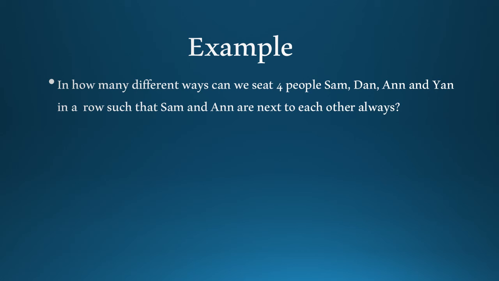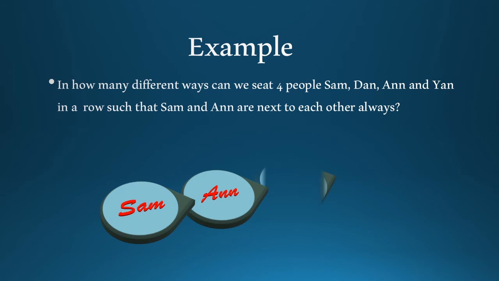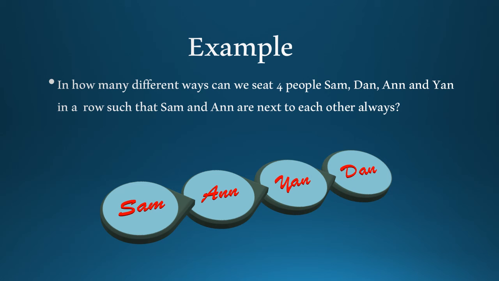In how many different ways can we seat 4 people, Sam, Dan, Anne, and Yan, in a row such that Sam and Anne are always next to each other? So we need to seat 4 people in a straight line such that Sam and Anne are always next to each other.